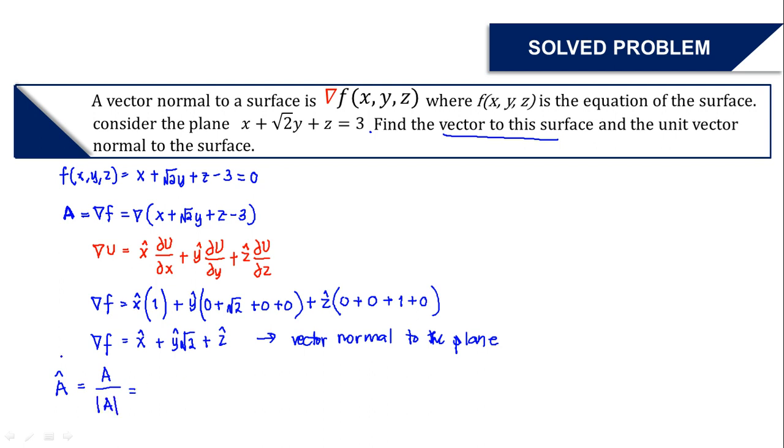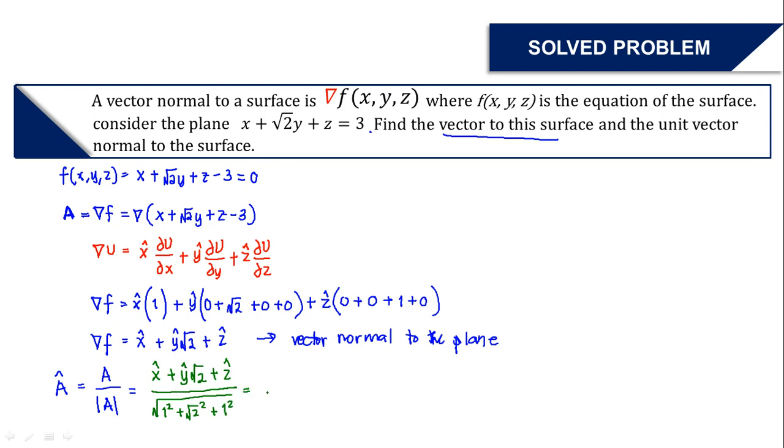Okay? So in this case, gamit naman tayo ng pula para maiba naman. It is equal to x hat plus y hat, the square root of 2, plus z hat all over the square root of 1 squared plus square root of 2 squared plus 1 squared.